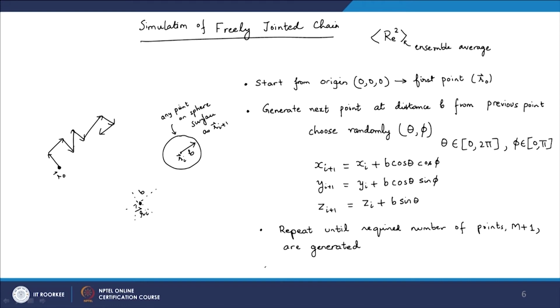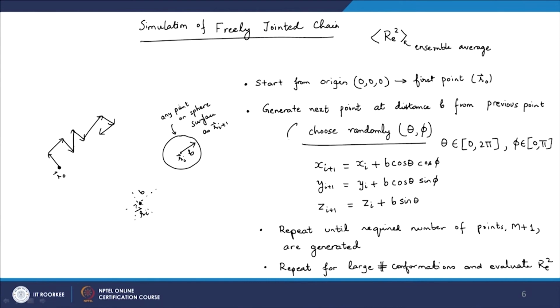Okay. And then we have to repeat for a large number of conformations, and for example evaluate R_e squared and then take the ensemble average, and then we have the result. Okay. So, this is the way of doing it.